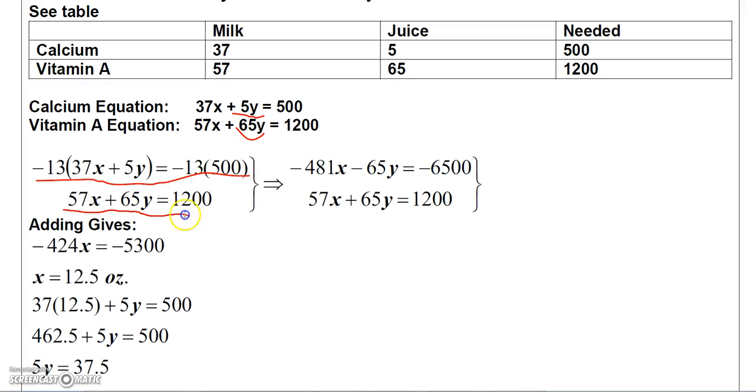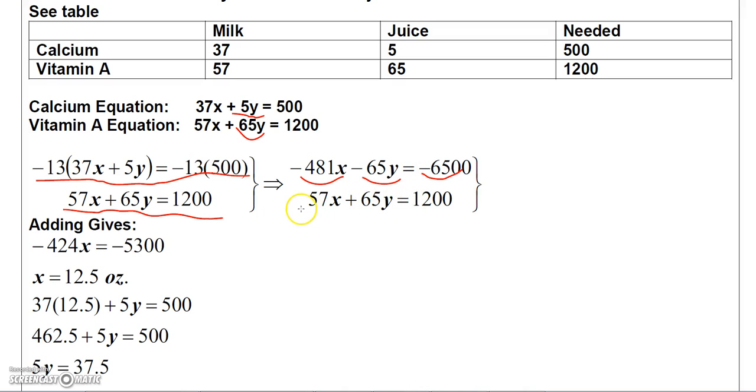Now, when I multiply this, negative 13 times 37x is negative 481x. Negative 13 times 5y is negative 65y, and negative 13 times 500 is negative 6500.